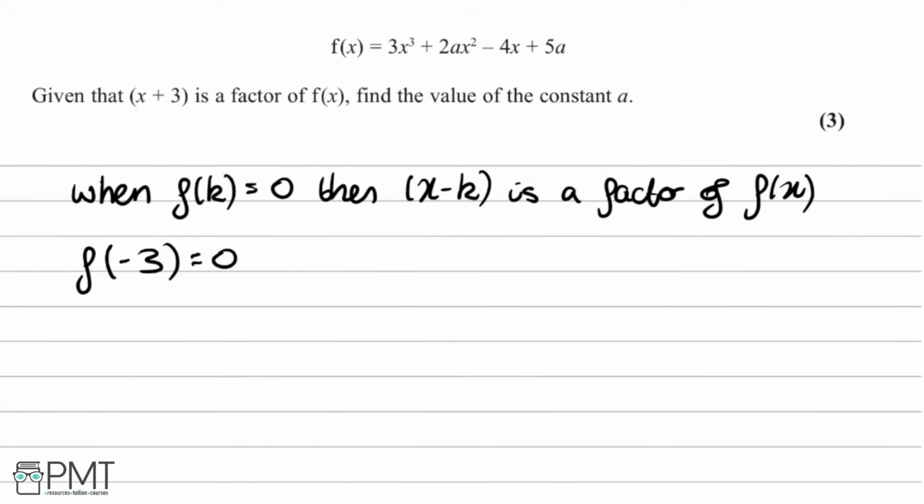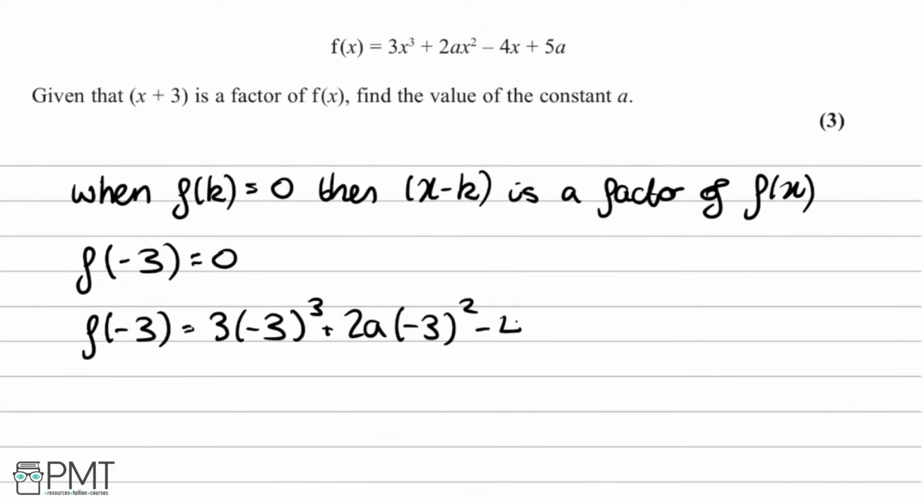So if we say f of minus 3 equals, and here we're going to replace all the x's with minus 3: 3 times minus 3 cubed plus 2a times minus 3 squared minus 4 times minus 3 plus 5a, and that equals 0 because of the factor theorem.